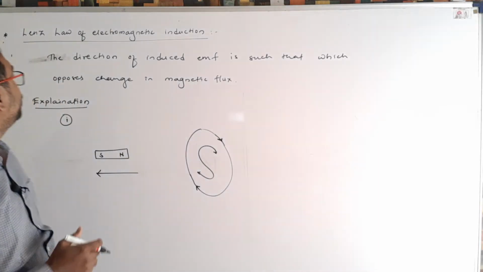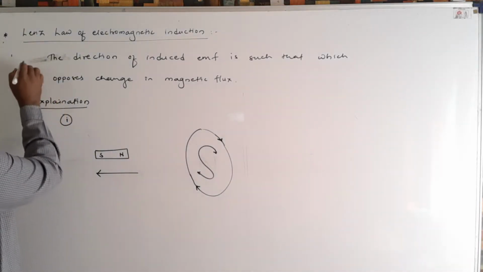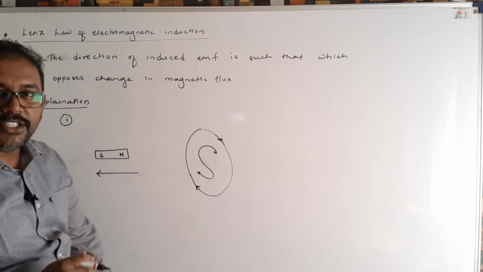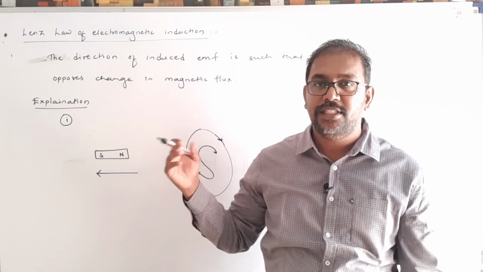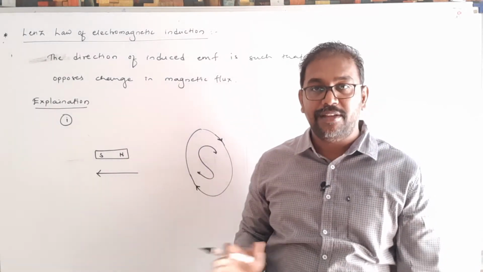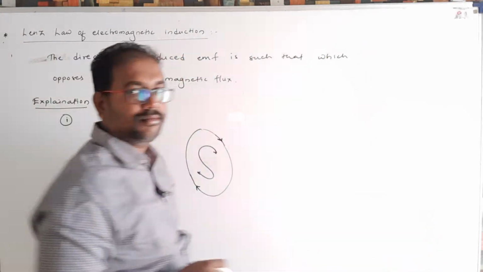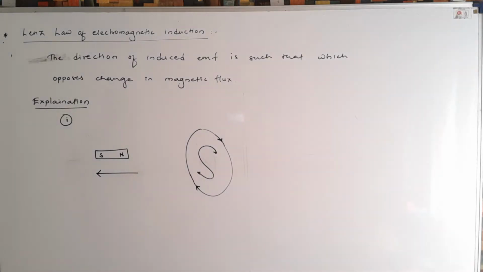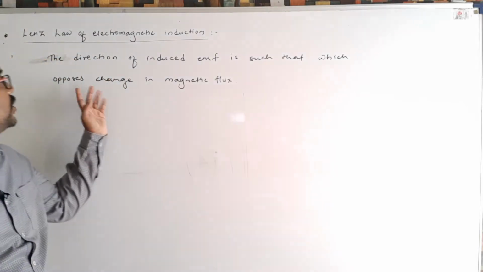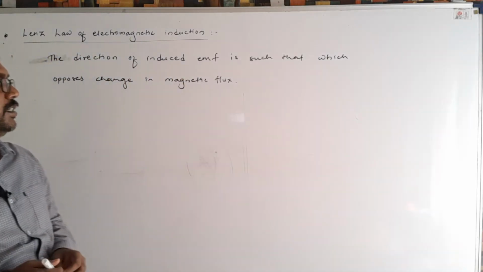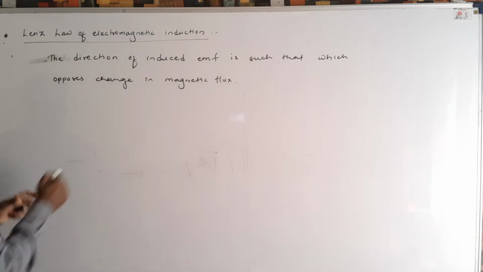So here we learn Lenz's law. I hope everyone understood the meaning of this statement. The direction of induced EMF is such that it opposes the change in magnetic flux.